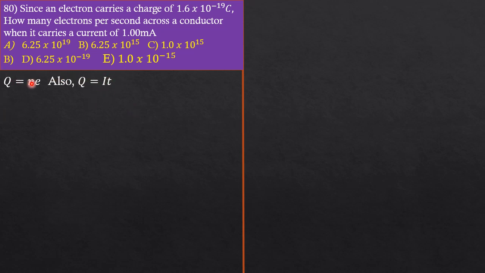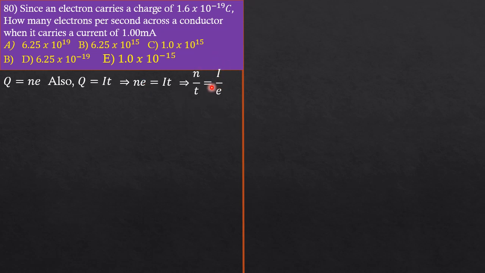Since Q is equal to Ne and this same Q is equal to IT, we can say that Ne is equal to IT. Since they want the number of electrons per second, it means N over T.